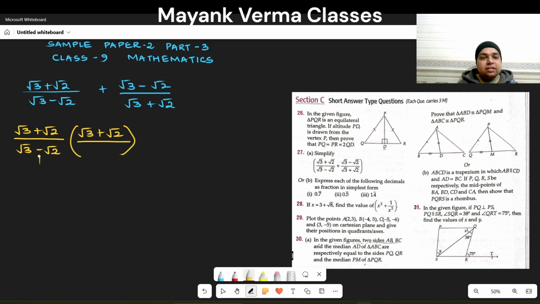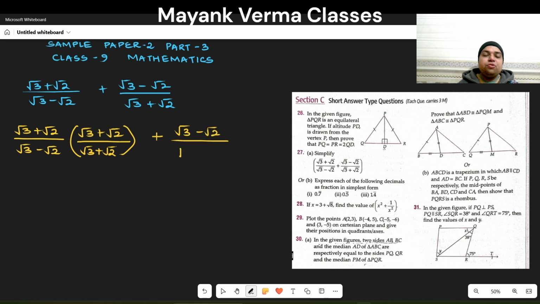So negative was there here, so I will multiply with the positive one. Okay, so root 3 plus root 2. And plus, in the second case, root 3 minus root 2 upon root 3 plus root 2. Now see, in the denominator a plus sign is there. So I will multiply with the negative one. Root 3 minus root 2 upon root 3 minus root 2.